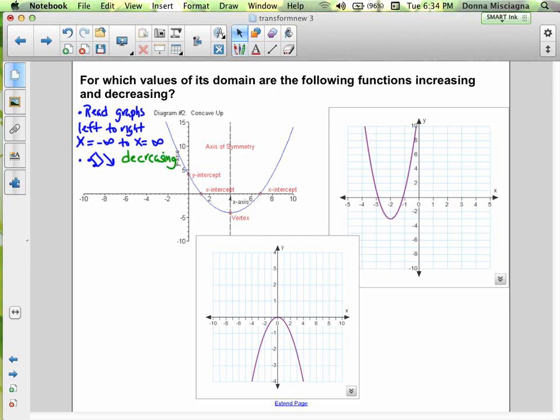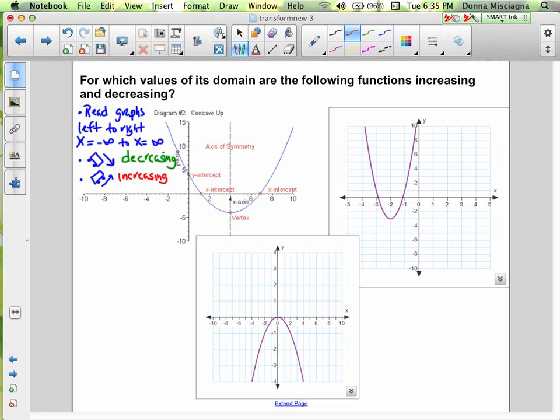Because if this were really a roller coaster, that's the part where you go really fast. And sometimes the roller coaster goes up the hill. Here's a roller coaster going up the hill. So if the roller coaster is going up the hill, the graph is increasing. And one thing that makes it nice and easy for quadratics is it's increasing for half the graph, it's decreasing for half the graph, and it turns around at the vertex.